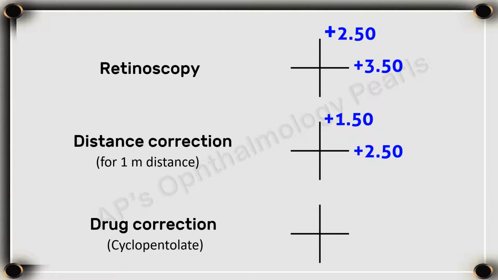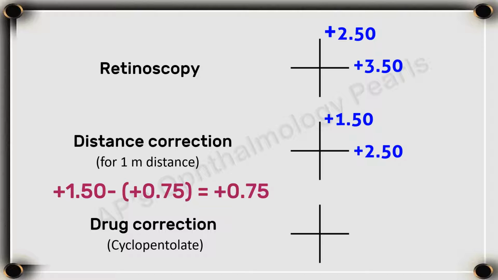Next is the correction for the inherent normal ciliary tone, which has been abolished by the cycloplegic. For cyclopentolate, the correction is plus 0.75 diopters, which should be subtracted from the distance correction. So now in the vertical meridian, we get plus 1.5 minus plus 0.75, which is equal to plus 0.75.